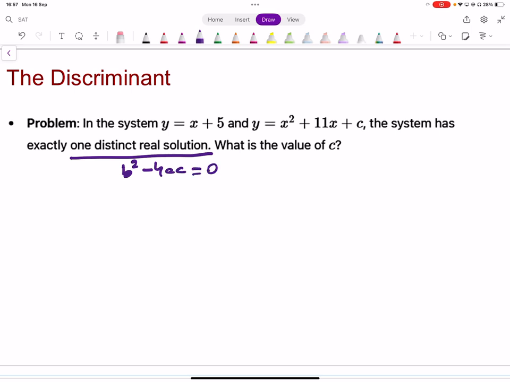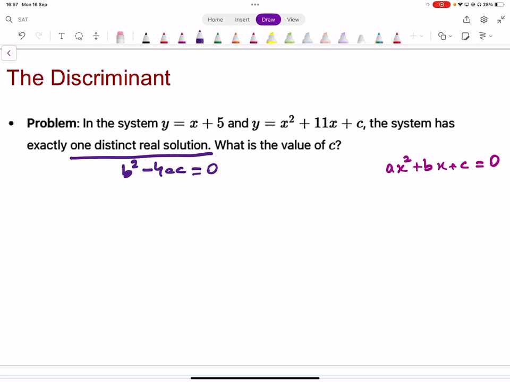Okay? But for using b square minus 4ac, we need the expression in this form. Need the equation in this form. Ax square plus bx plus c equal to 0. Only then we can use b square minus 4ac. We don't have that form right now. How do you convert it to that form, first of all? We first equate them, right?